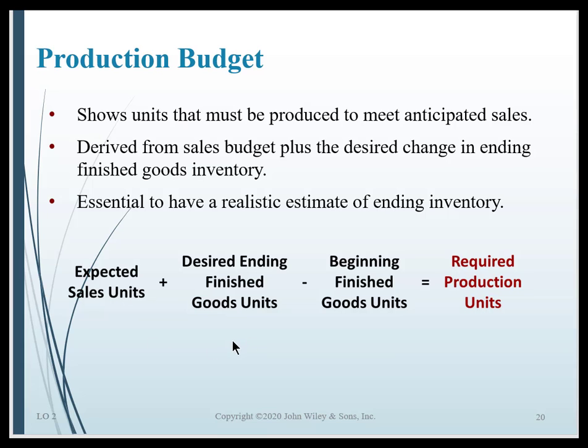But we need to understand something about beginning finished units. So what do we have in the beginning? And every company wants to have some leftover inventory. We want a little extra at the end. So if you take the sales units you expect plus the ending minus the beginning finished goods, this gives us the required production units for that period.